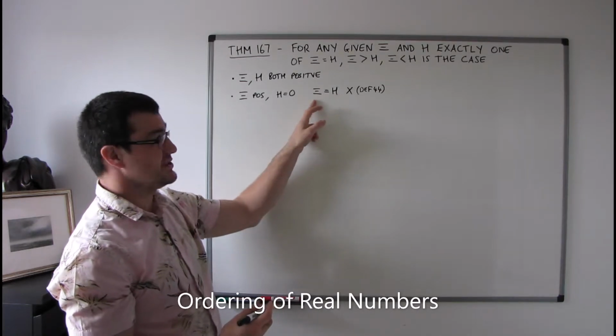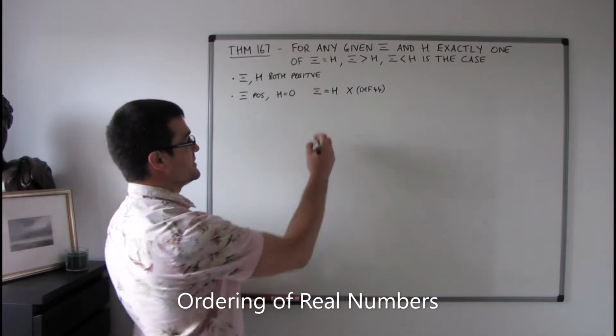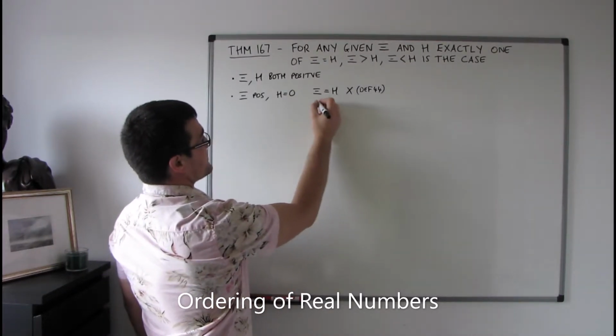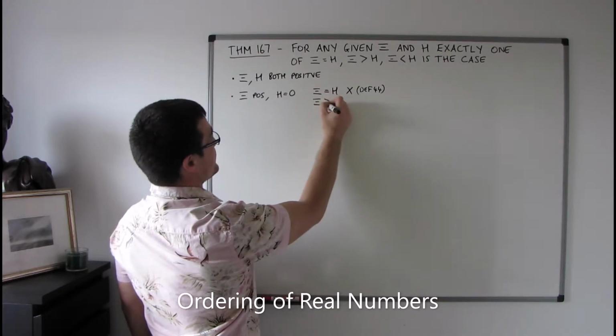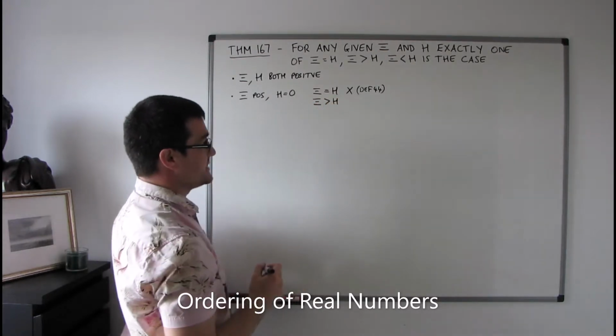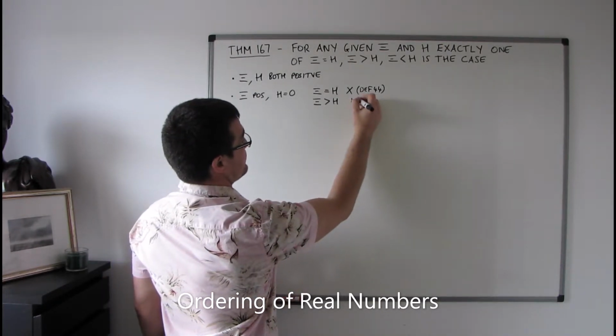So this situation does not hold. So psi is equal to eta does not hold. On the other hand, from definition 45, we can say that psi is greater than eta. So that does hold, and that's from definition 45.